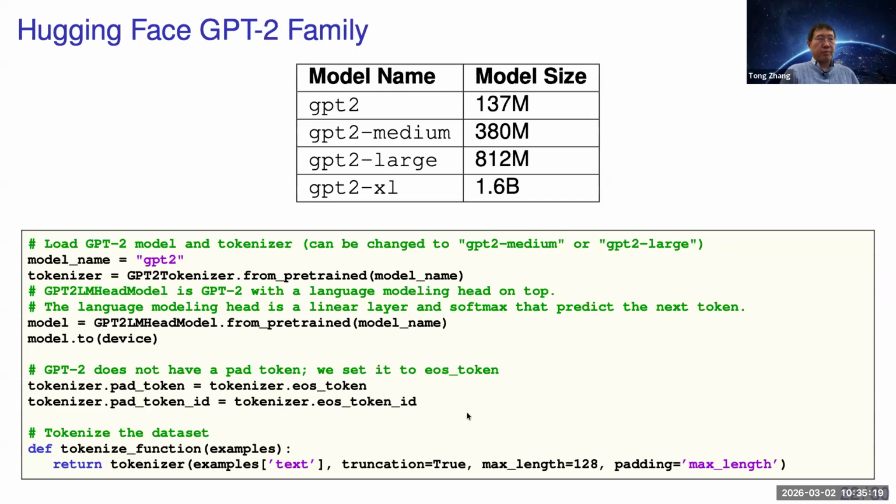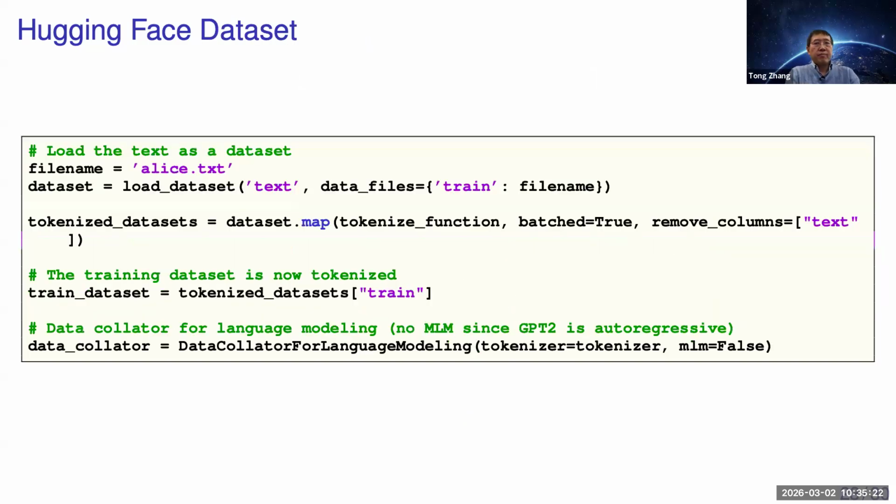Then the data set, which is more like Hugging Face data. There is a data collator, and I just want to make one comment. Usually what you need is that they put the data into batches and do the padding, and this is essentially what they do.